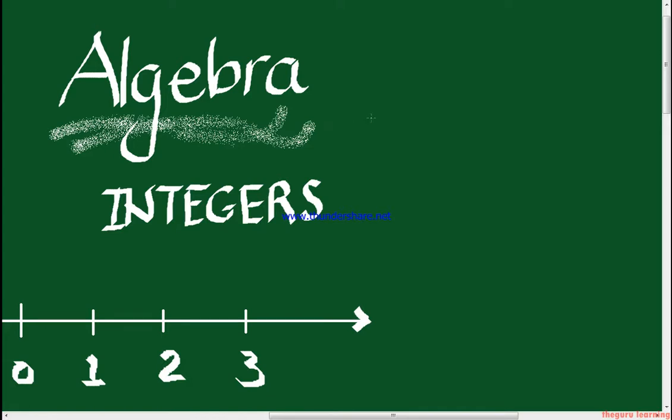Now we are focusing on algebra, and later on we will add more topics other than mathematics and science. I would love to talk about accounting also, because I am an accounting major student, and much more things.